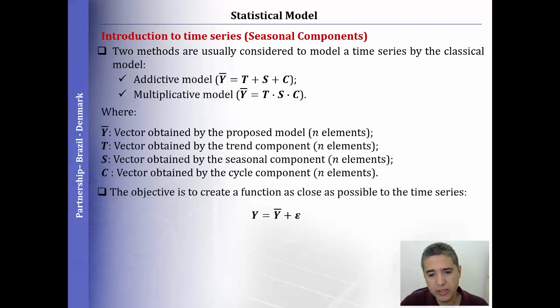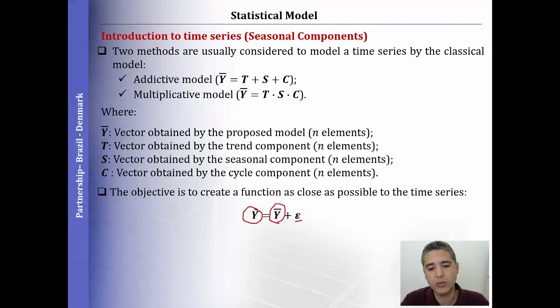And then finally, we hope that the model would be similar to the time series data. The model reproduces similar results to the time series data, and with an error, which is the difference between the time series and the results obtained by the model, as small as possible.